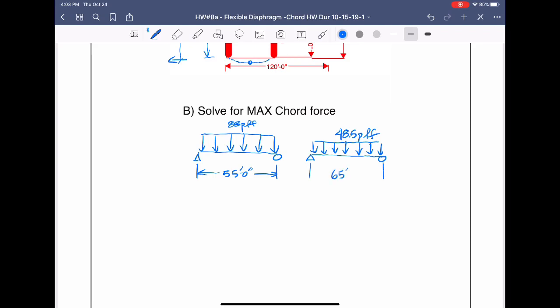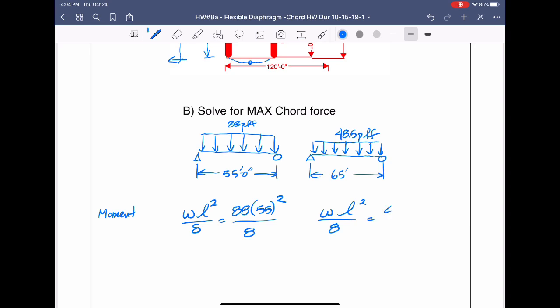I think we said that this was 65 feet. Yep. Okay, there we go. So, moment, WL squared over 8 is equal to, here, 88 times 55 squared over 8. Right here is 48.5 times 65 squared over 8.